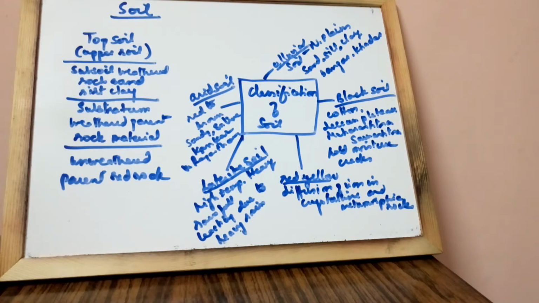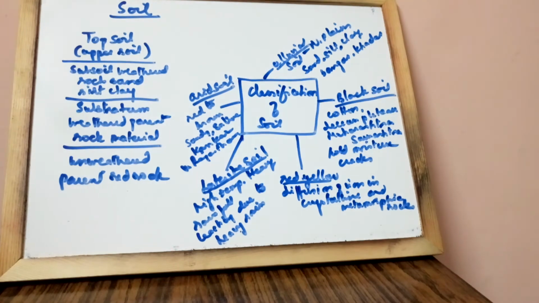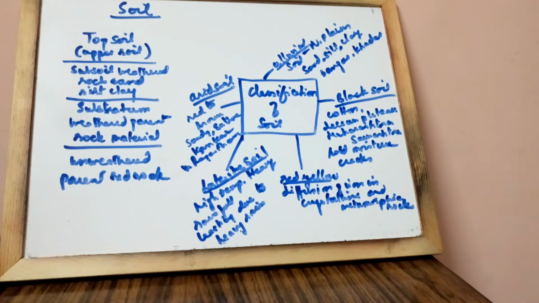Then on top of it you find substratum weathered parent rock. So what happened? Because the water seeps through that and there is a change in temperature, this part of the layer gets eroded or worn out by the natural forces.